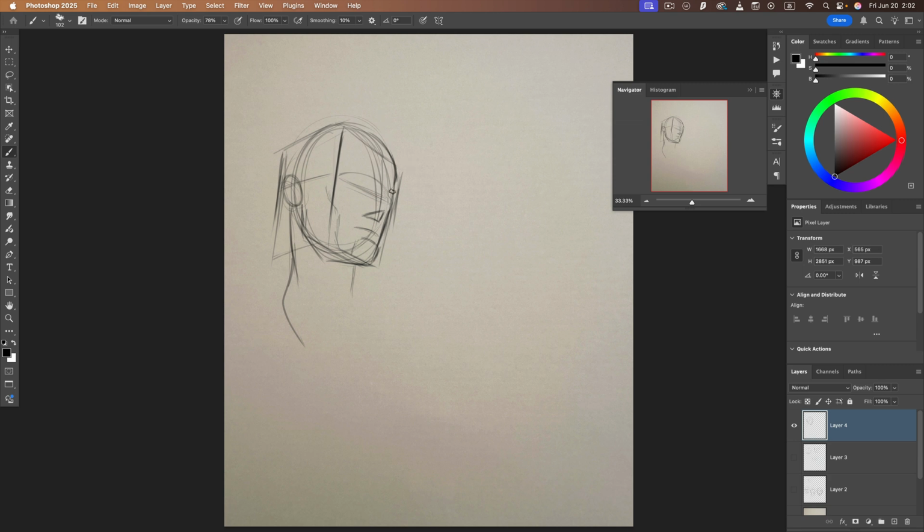Now, so we have things in perspective. Again, the same rule is applied here, that things that are far away are going to seem a little bit smaller. Right? Things that are closest to us are going to seem a little bit bigger.